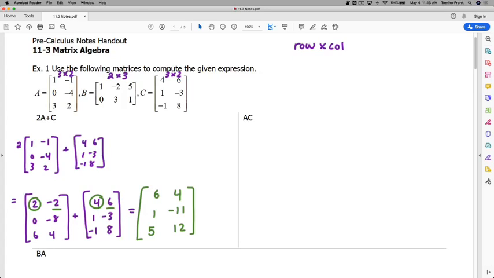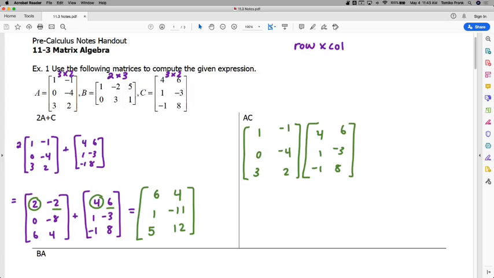All right, next, we are multiplying A times C in this case. So A looks like this. C looks like this. All right, and I'm going to write the size down here. So A is a 3 by 2, and C is also a 3 by 2. So here's the rule for matrix multiplication.